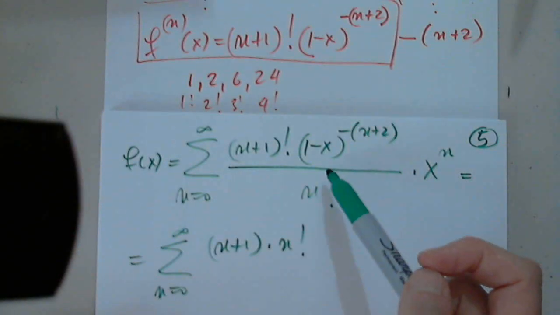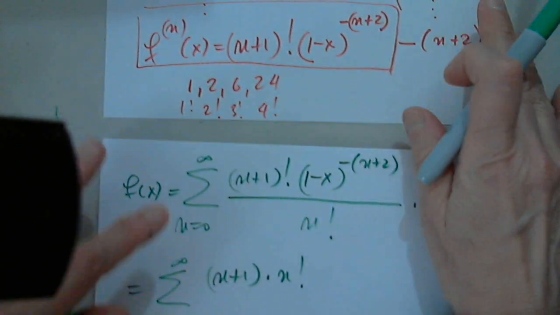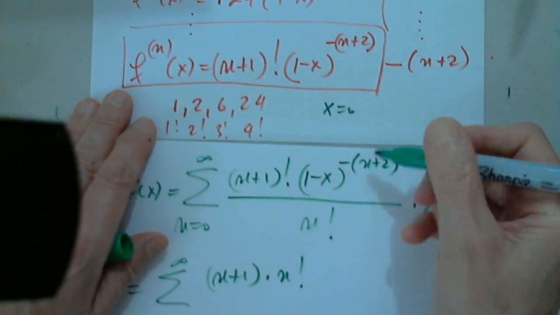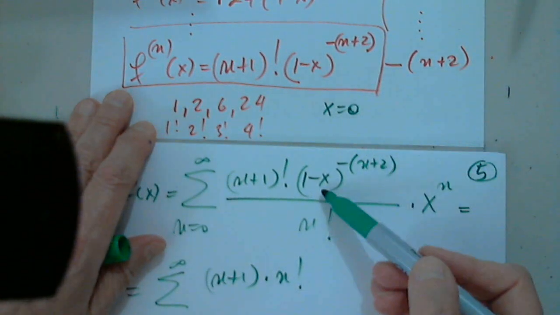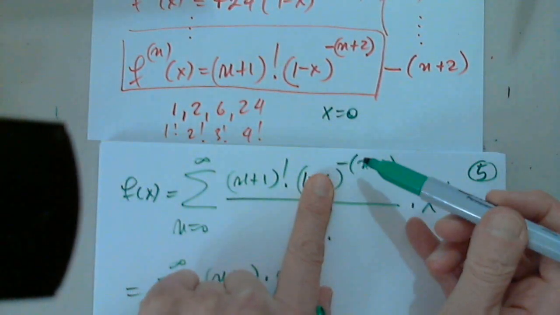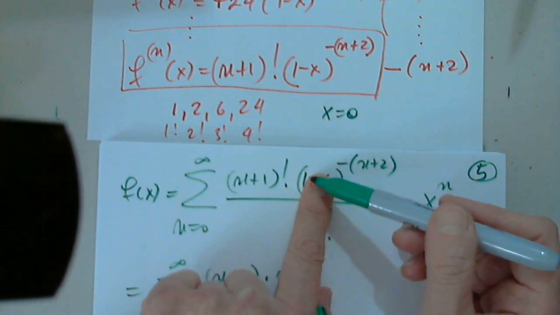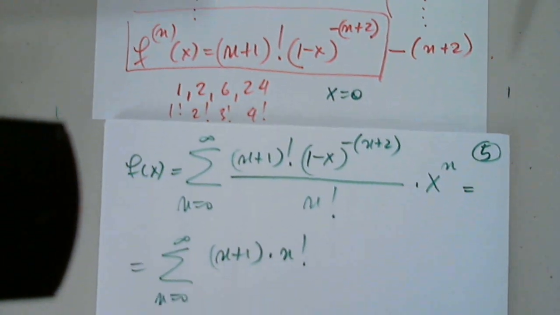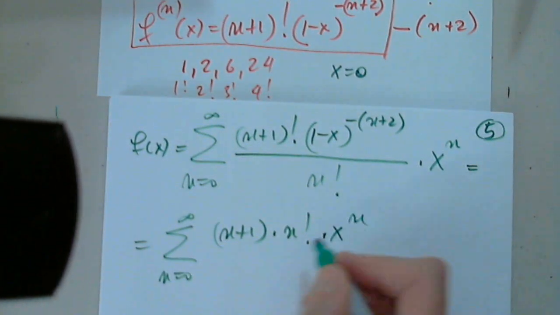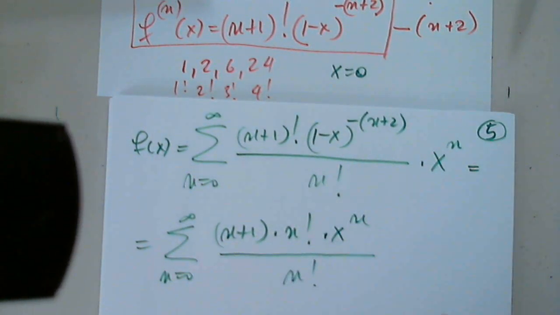And here we have the Maclaurin series. Oh, I forgot. So sorry about that. When x is 0, 1 to the negative (n plus 2) is going to be 1. Okay, so n factorial over n factorial, because we were asked to use Maclaurin series.